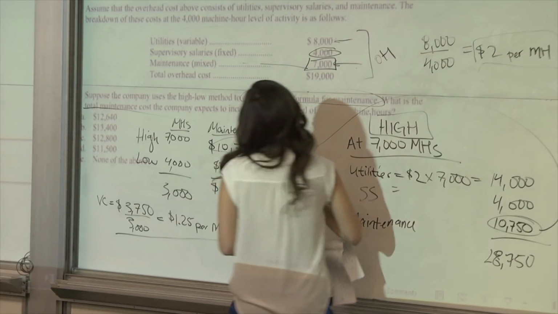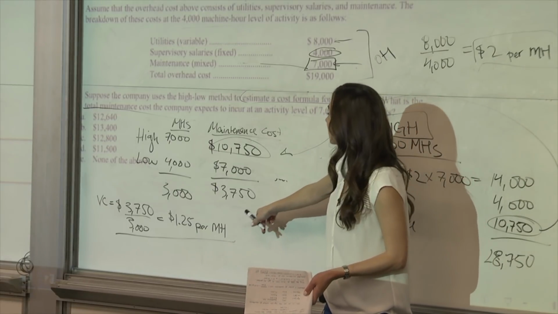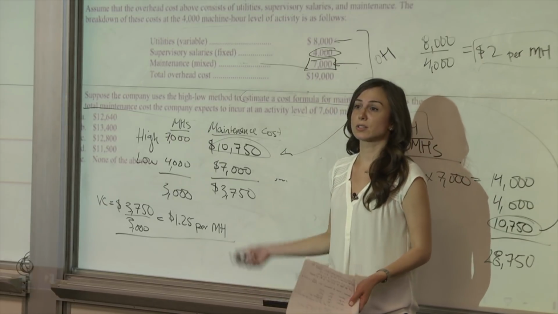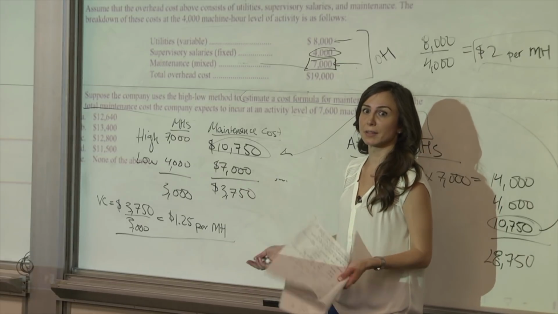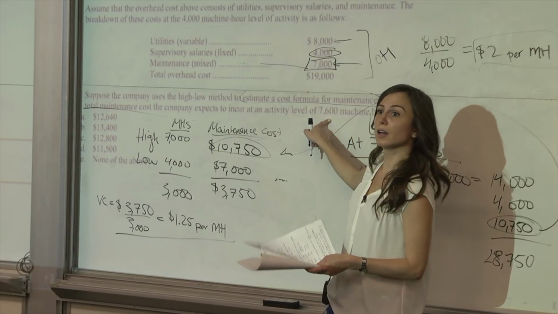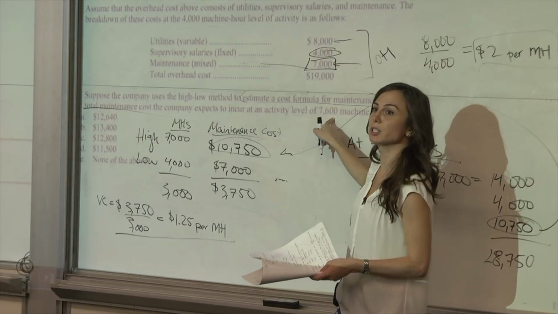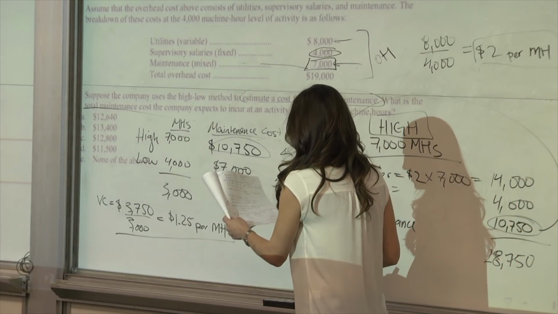If you know the variable cost per unit is 1.25 per machine hour, then you could find the fixed cost just by plugging in either the high or low case. And once we have the fixed cost, we can figure out our estimated maintenance cost for the 7,600 machine hours, which is what we're trying to find.